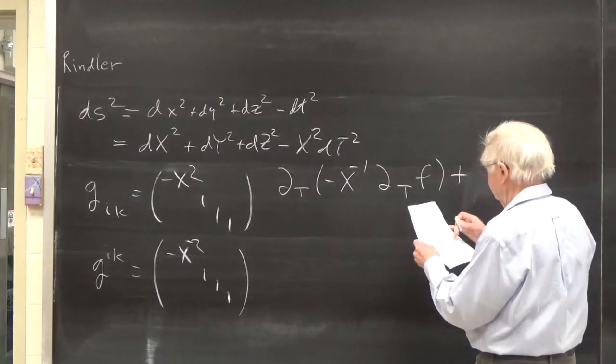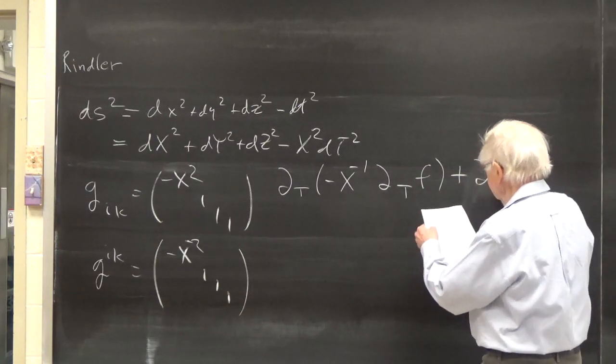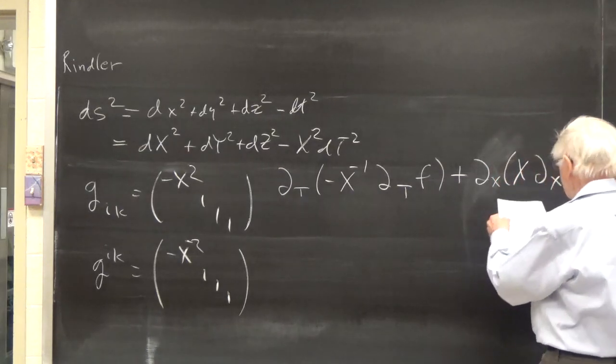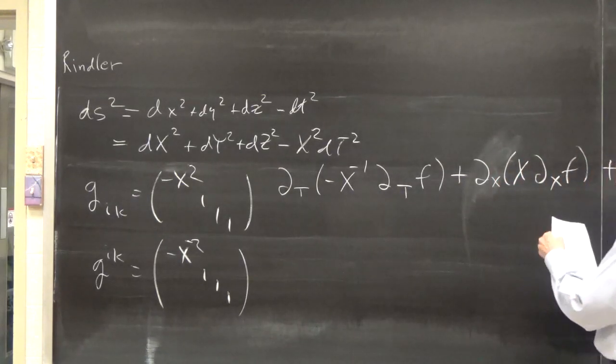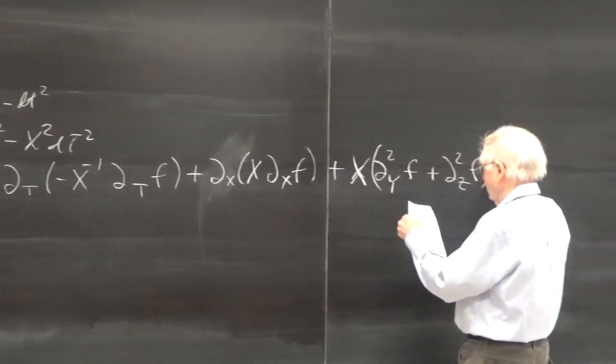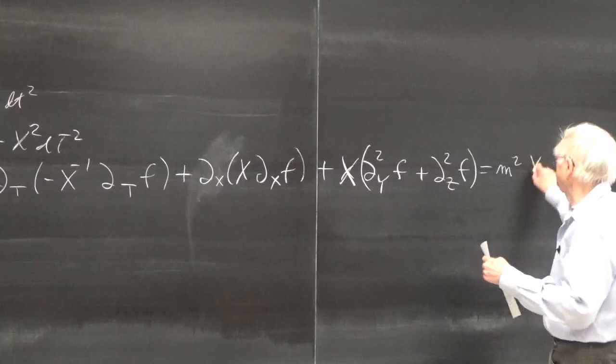This is the x derivative of x, x derivative of f. And then the others are simple. It's capital X d capital Y squared f plus d capital Z squared f is equal to m squared capital X f.